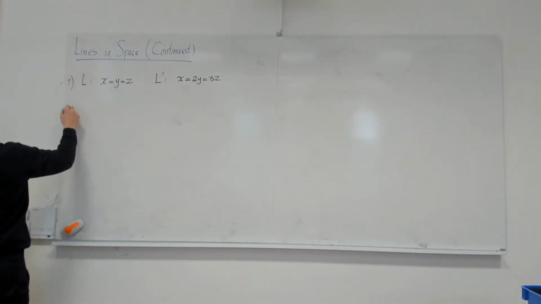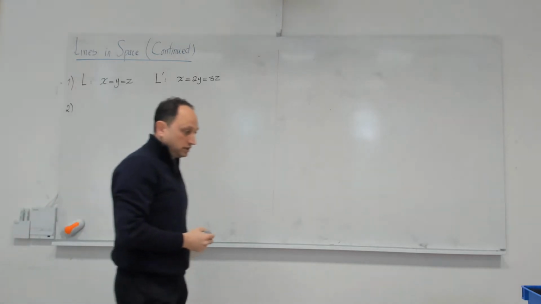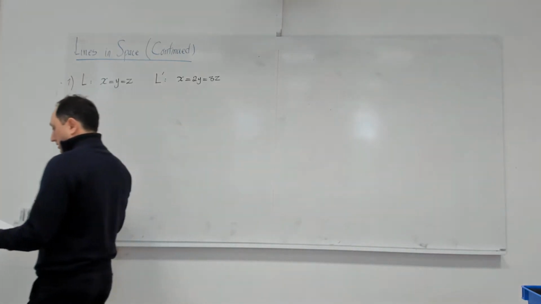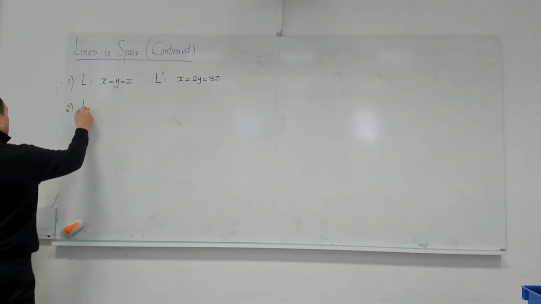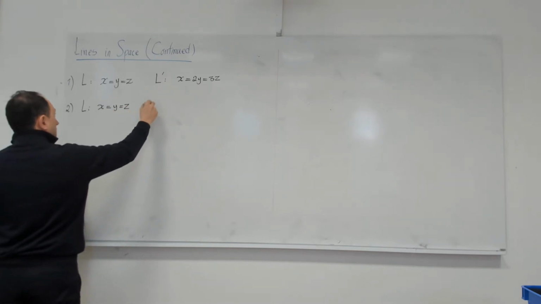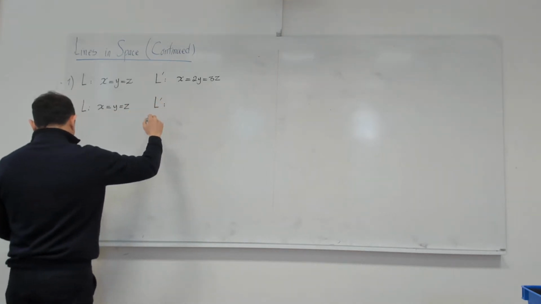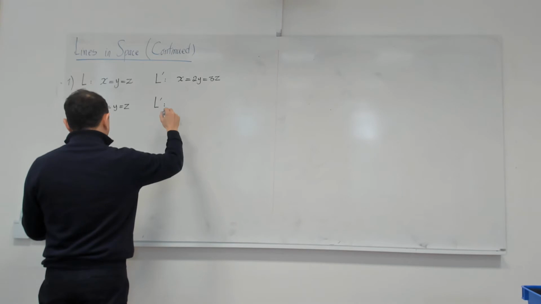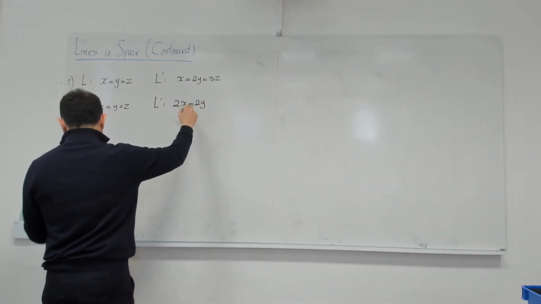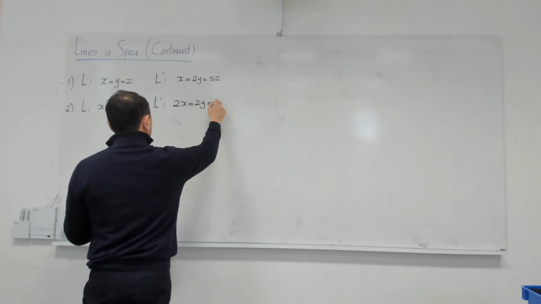The second part, I am asking you the same question, but I have changed the equation of my lines to these equations. I have kept this one exactly the same, and then I have changed L prime to 2x is equal to 2y is equal to 2z plus 1.